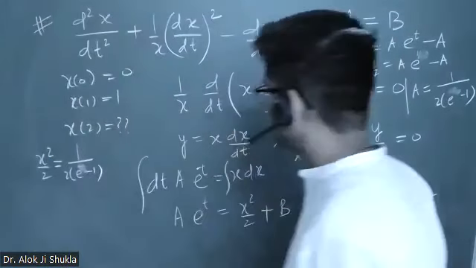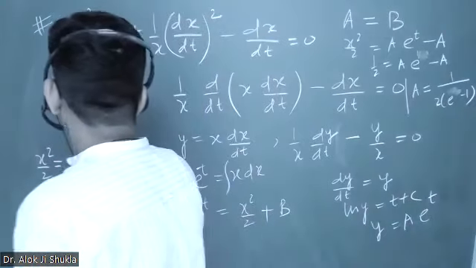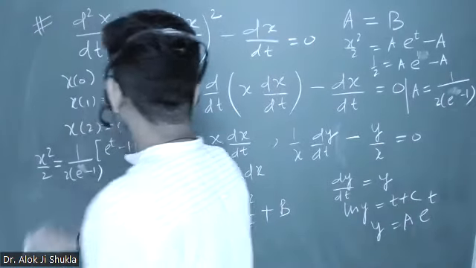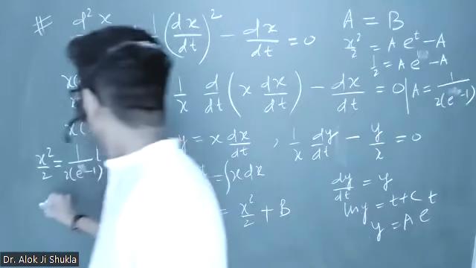and one upon 2 e minus 1 into e minus 1. This is the solution. Now you want x at 2.